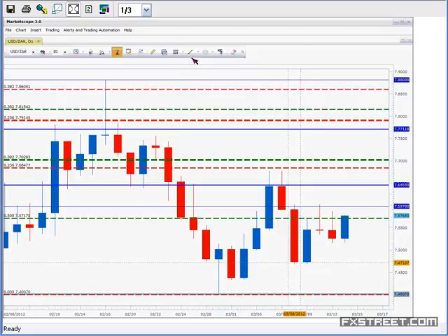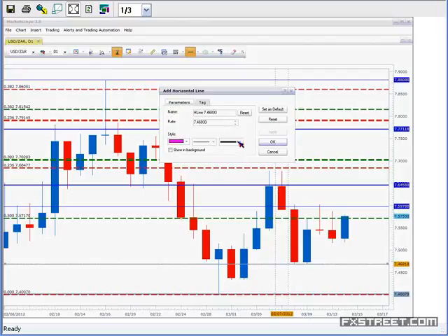So this one, I'll choose a different color. What was that again? 46.83. I'm on a daily chart. I'll choose a hot pink, so it stands out. Right. That's the low.